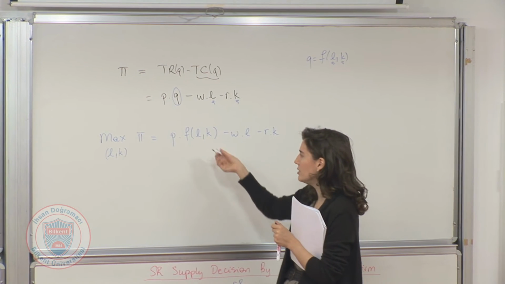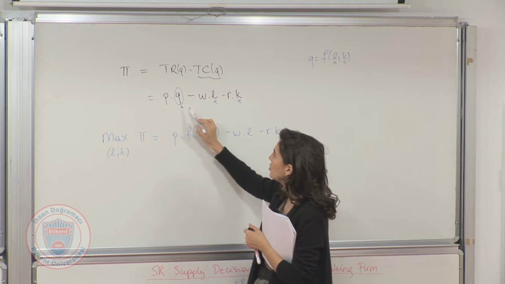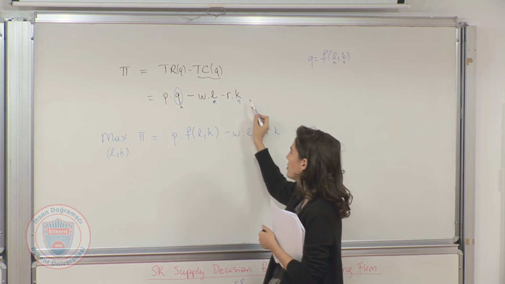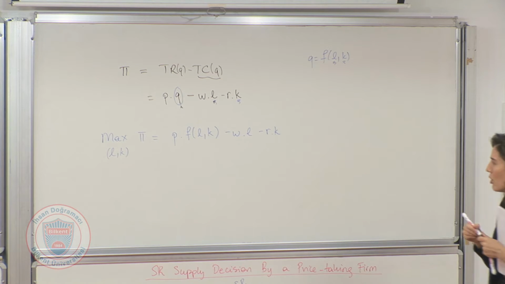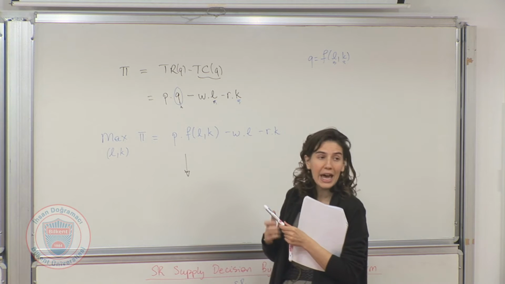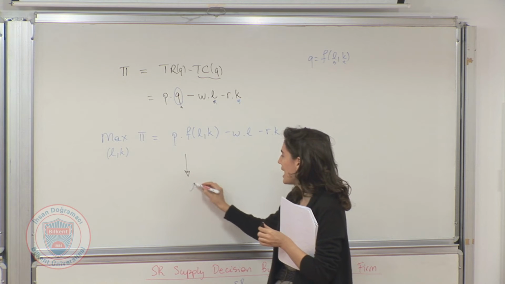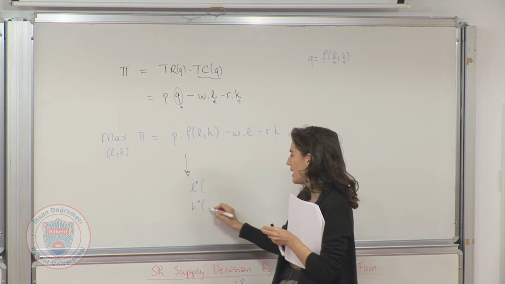So, as we said, in order to decide on Q, basically you can decide on L and K, right? So this is what we are going to do. When we solve this problem, you're going to get an L star and a K star.